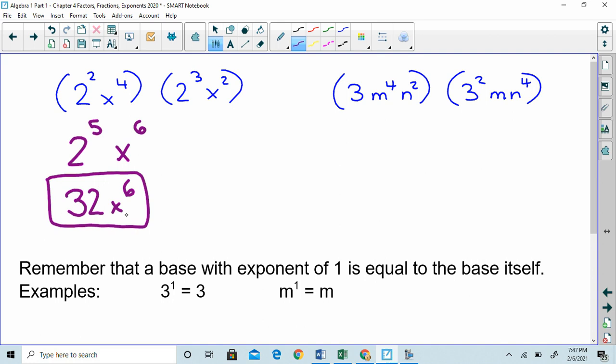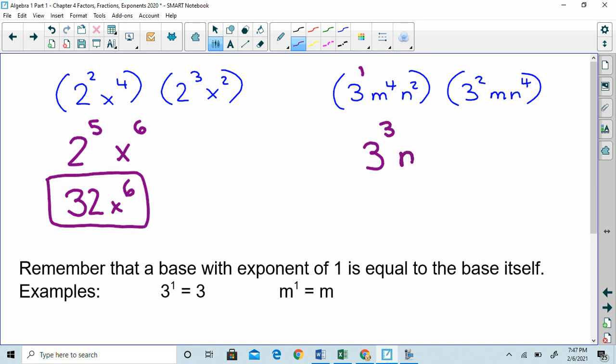Our next problem has the same base 3, so we'll keep the base and add exponents. I put down this little reminder that when we have any number or variable and there's no exponent, it's to the power of 1, because any base with the exponent of 1 is equal to the base itself. So I have technically a 1 here. So that's 1 plus 2 is 3.